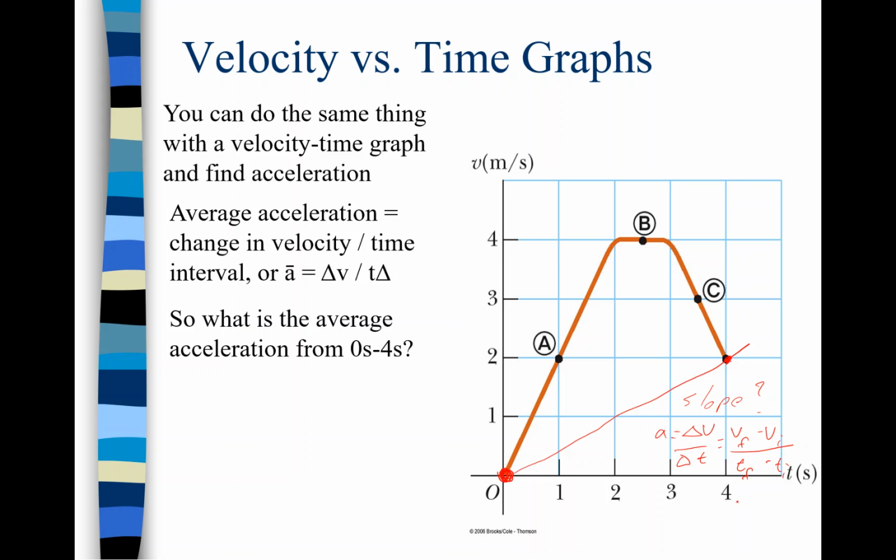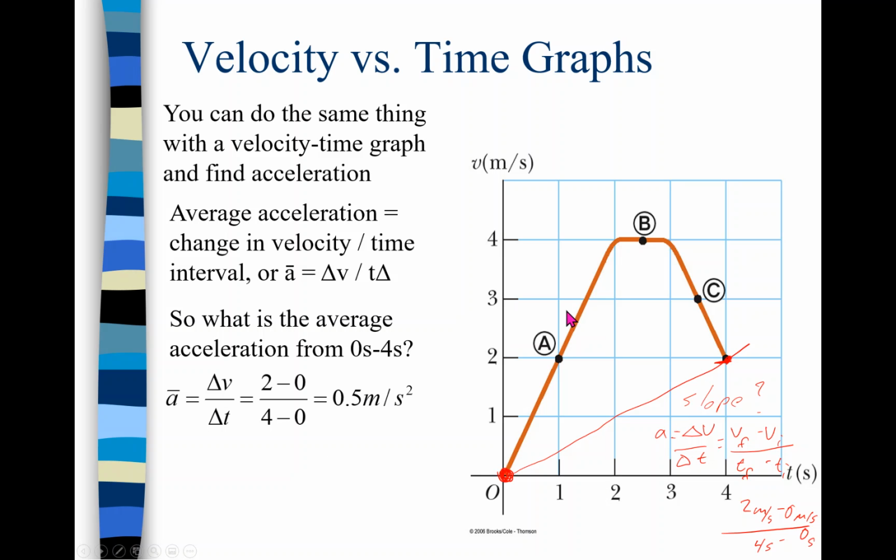My v final is 2 meters per second, minus 0 meters per second, that was my initial, divided by my final time, 4 seconds, minus 0 seconds. So 2 over 4 is 1/2, and meters per second divided by seconds is 0.5 meters per second squared. Now, that was for this line here.